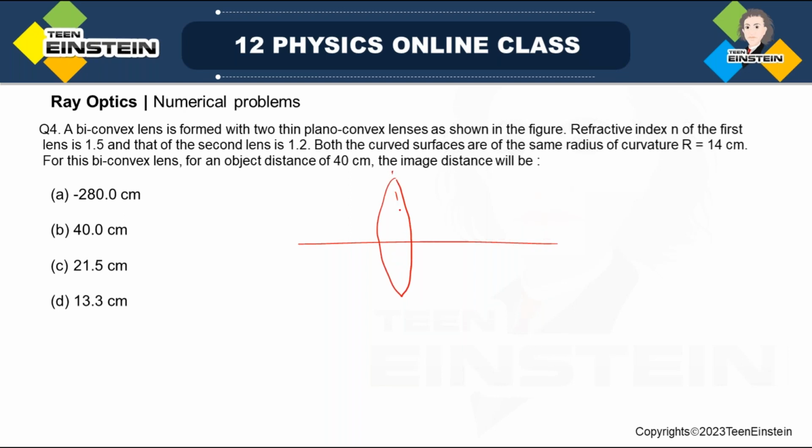So it is actually a thin lens. Actually, it is made by two planar convex lenses. So this is now actually a convex lens. So a biconvex lens is formed by two planar convex lenses.